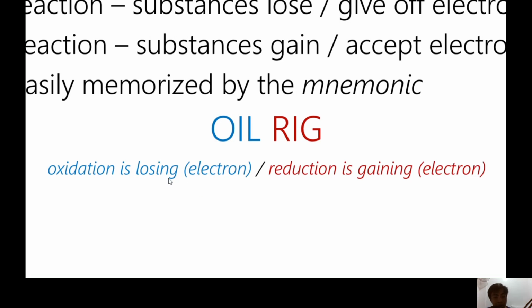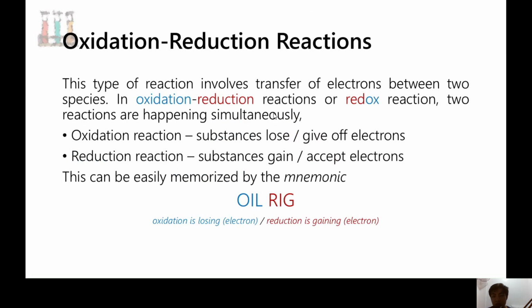So electron yung nawawala sa kanya. For reduction, RIG, R is reduction, IG is gaining. So tumatanggap siya ng electron. So that's one way for you to memorize: OIL RIG lang. Oxidation is losing electron, reduction is gaining electron. Okay?